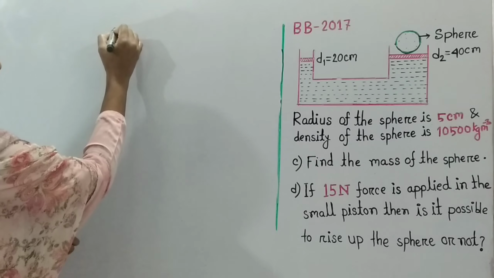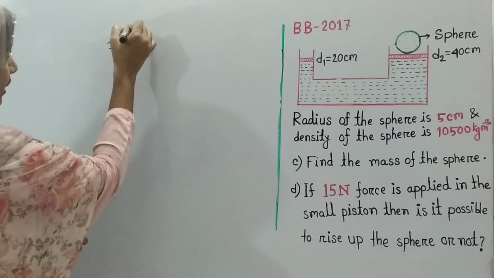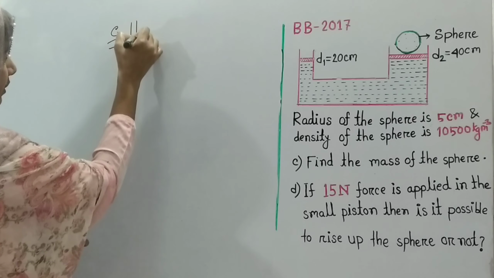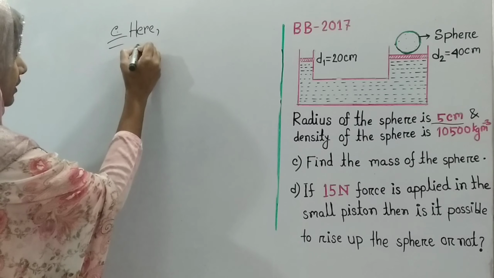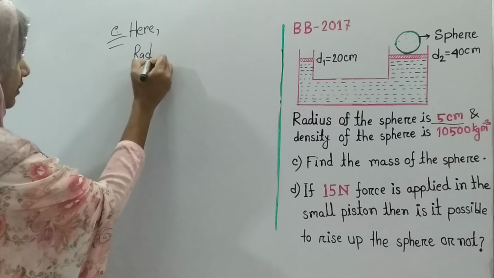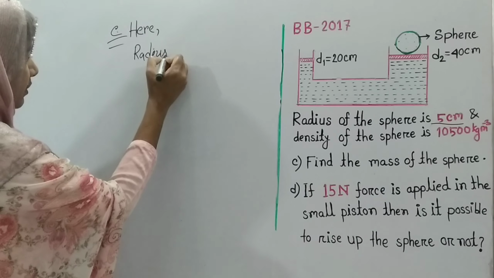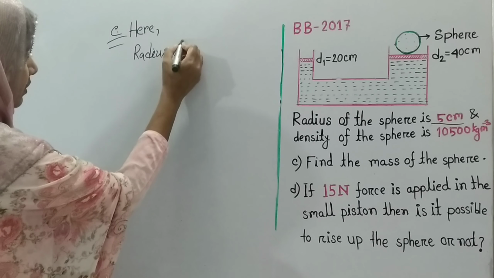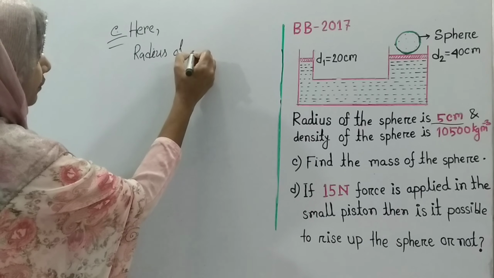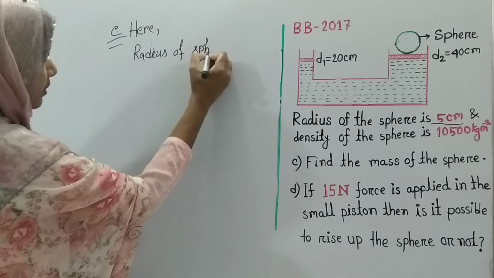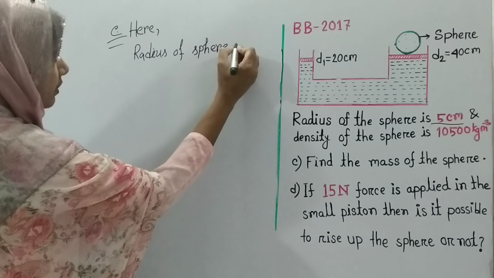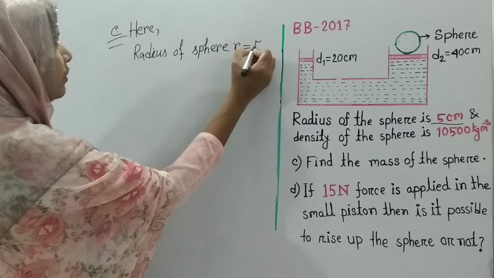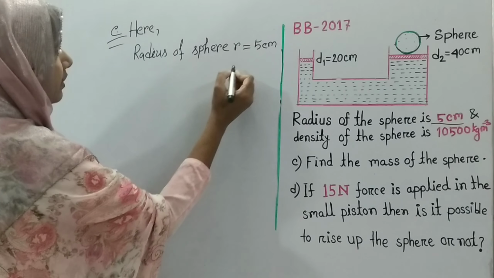C number. Here the given information is: radius of the sphere r equals 5 cm.